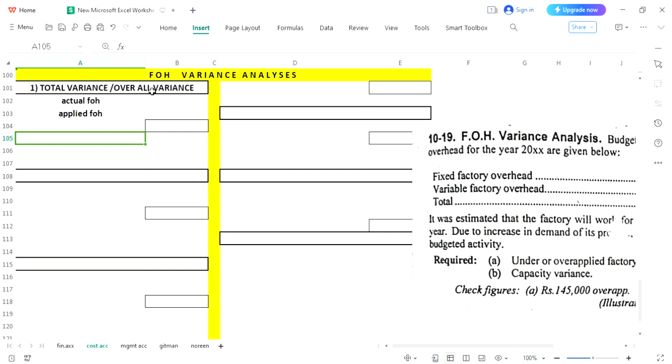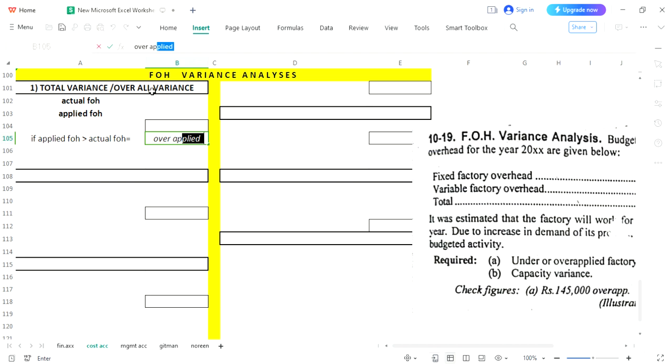But besides that, you will write a conclusion of this variance. For that you will be focusing upon applied FH. If applied FH is more than actual FH, since applied is more, you will write it as over applied FH.